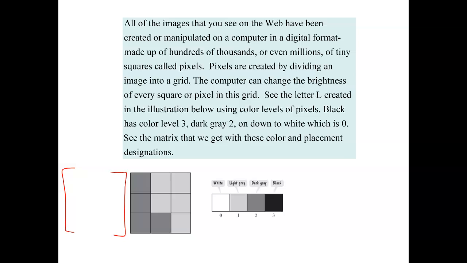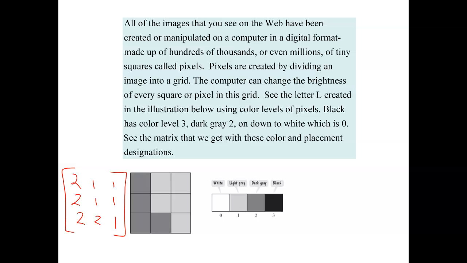So, if my first panel is dark gray, what number would correspond with the first element? 2. What about the second panel? Third panel? Fourth panel? Okay? So I can represent the whole thing in a numerical matrix that corresponds with those colors.